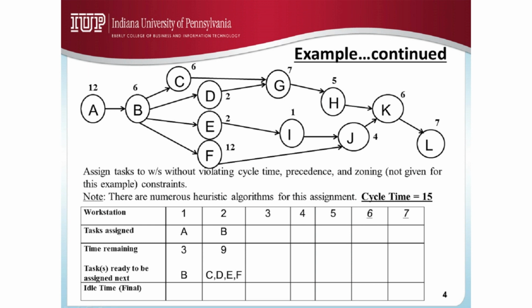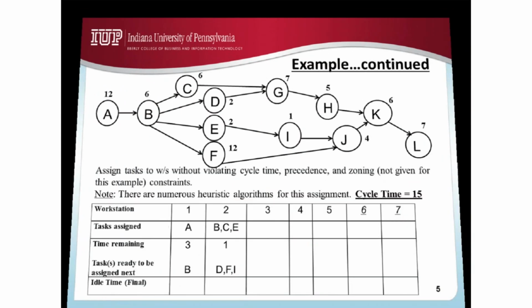Before I go to the next slide, you can see F cannot be assigned to workstation 2 because it takes 12 minutes and you don't have 12 minutes. Whereas C, D, and E take 6, 2, and 2, so they can be assigned because all of them take less than 9 minutes. In fact, you can even assign two of them, C and D or C and E or D and E, to workstation 2. So let us look at the next step.